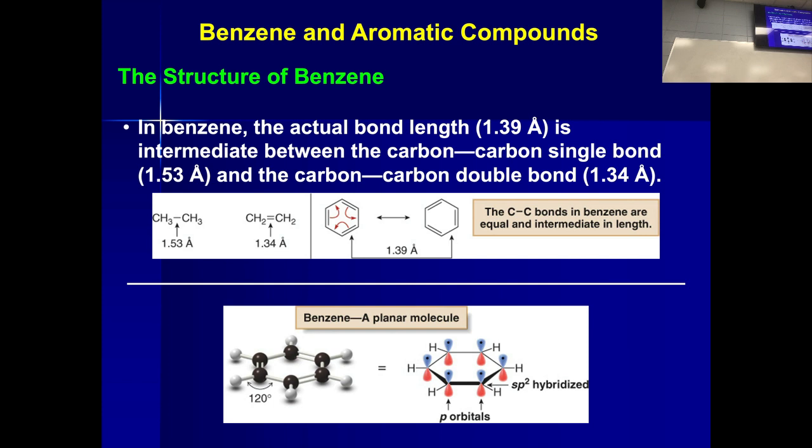Okay? So they act like a different kind of bond than we've ever really thought about. Right? They're not a single bond because they're not the right length. They're not a double bond because they're not the right length. They're somewhere in between. And these electrons are moving around that benzene ring all the time, and it actually generates current that we can measure. We can actually measure electrical current through magnetism in benzene.